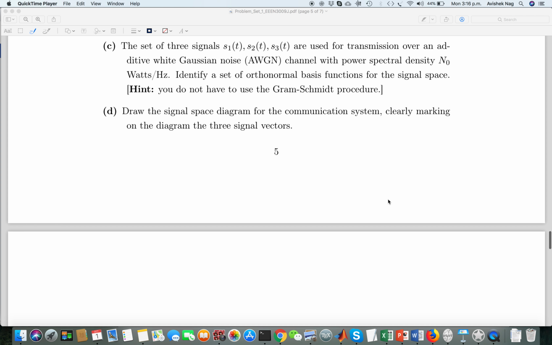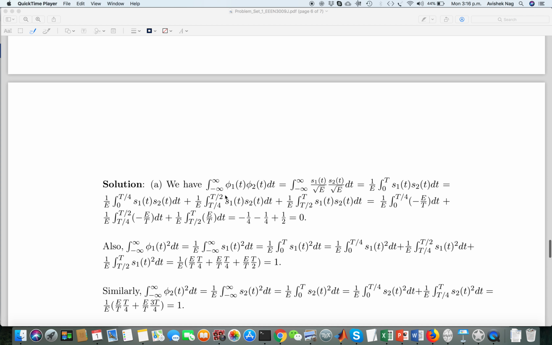You got it mostly correct. All you have to show again for orthonormality is the integral of this product to be 0, which is indeed 0, and the integral of the square of these functions is 1, or in other words the energy of this phi 1t signal and phi 2t signal is 1.